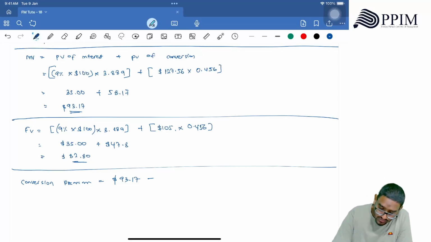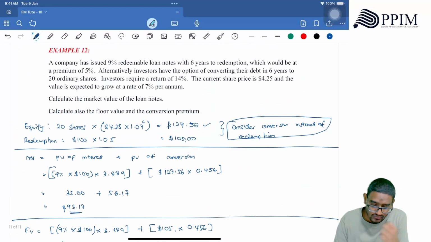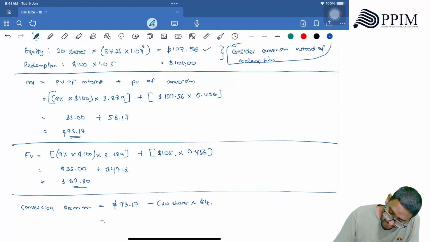How much is the current value of the conversion? 20 shares into 4.25. 8.17.